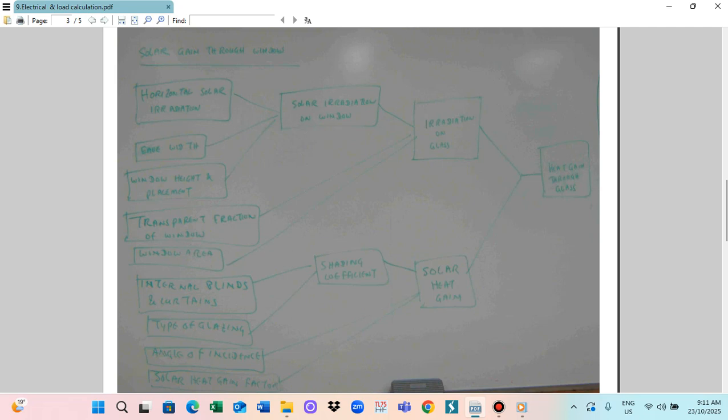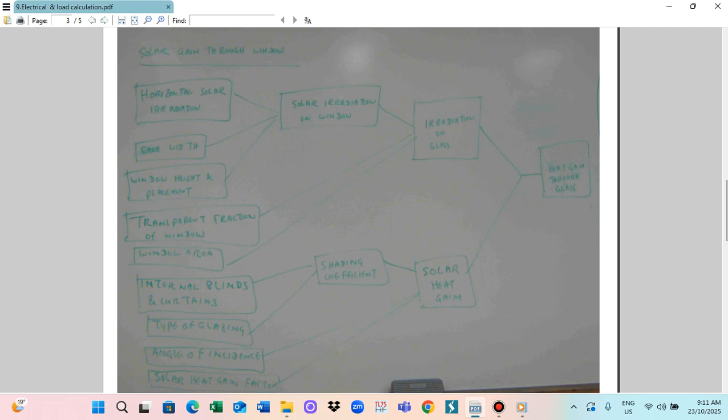Now we also want to calculate the heat gain through solar radiation, or the glazing. So we have to consider the kind of glass, and whether the glass is shaded or unshaded, which influences the heat transfer. What is the window area, how many windows, and how the sun hits the door and window. So this is the angle of incidence. Those things also influence the heat transfer through the door and window.